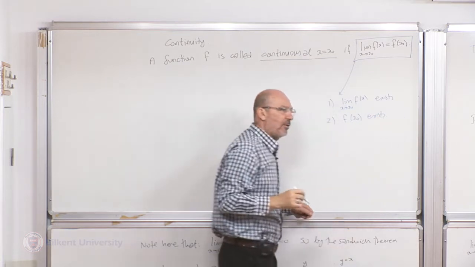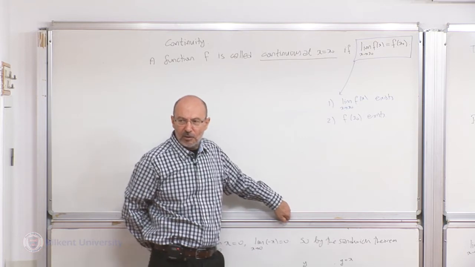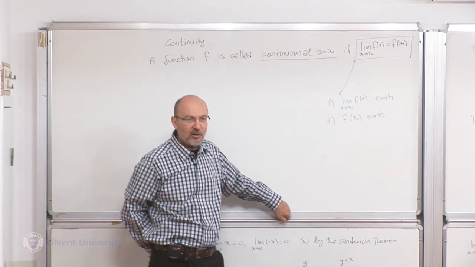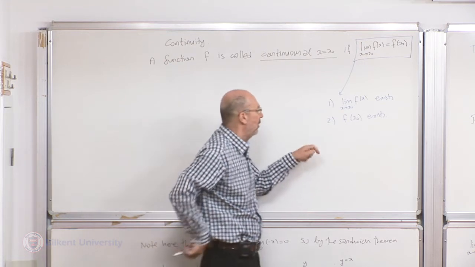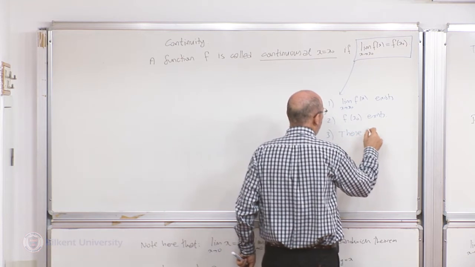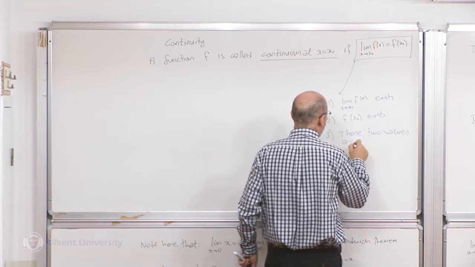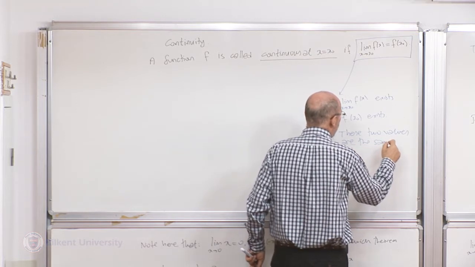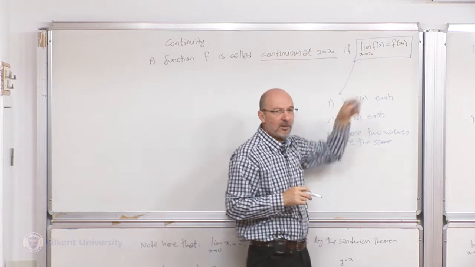So for example, if this was sine of 1 over x, we know that sine of 1 over x evaluated at x equals 0 does not exist. It doesn't give you a number. Okay? And three, these two values are the same.